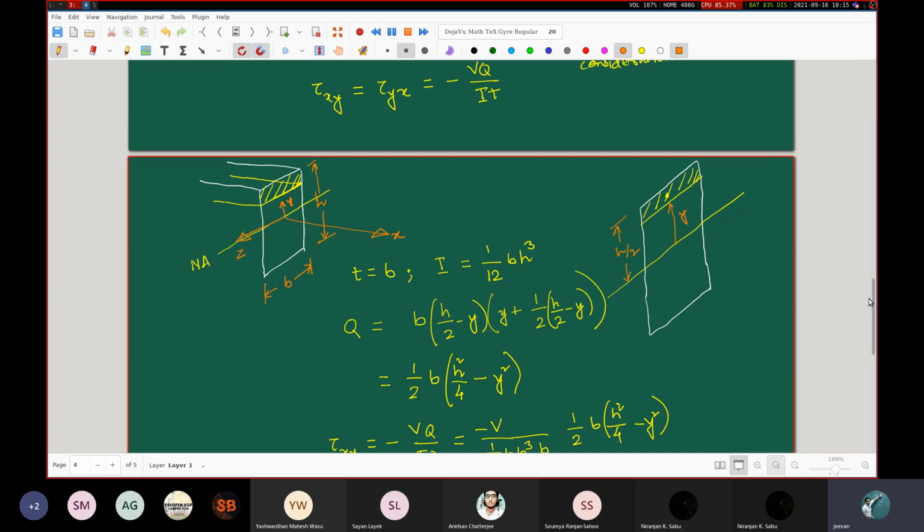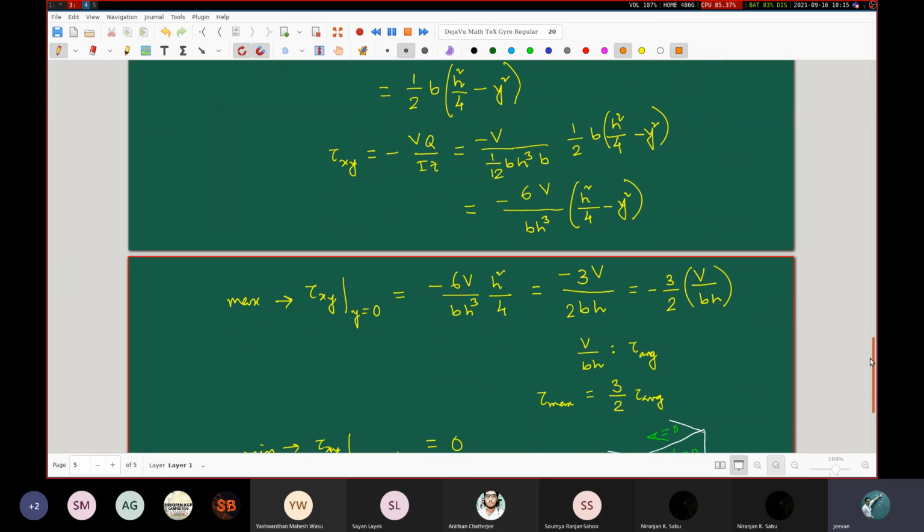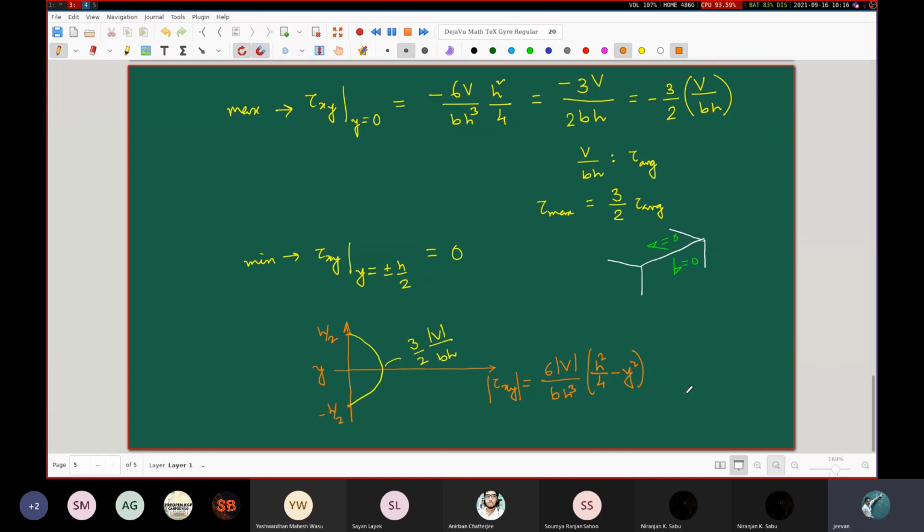So along the z direction also there is going to be a distribution. It is not going to be a uniform value. So this distribution is along the y direction. What I'm going to talk about now is the distribution along the z direction. And at any particular level, that distribution is going to look something like this.